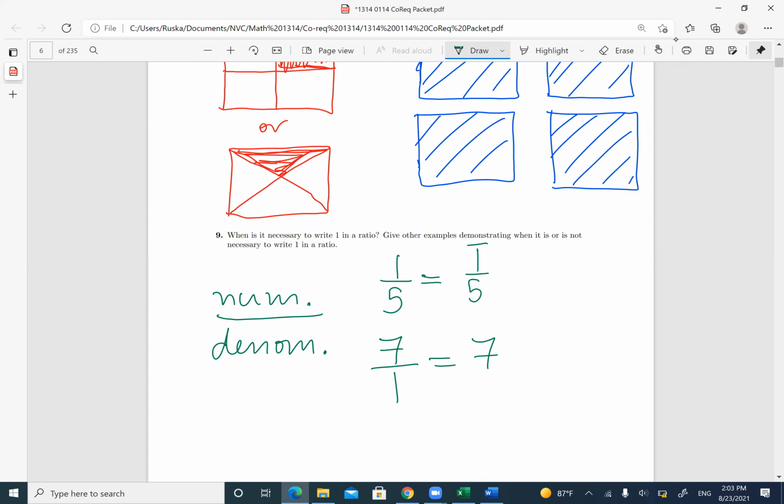You have to keep the 1. But if it's 7/1, you can just forget about the 1 in the bottom. So when the denominator is 1, it's a whole number. You got it? Everybody understand the concept?